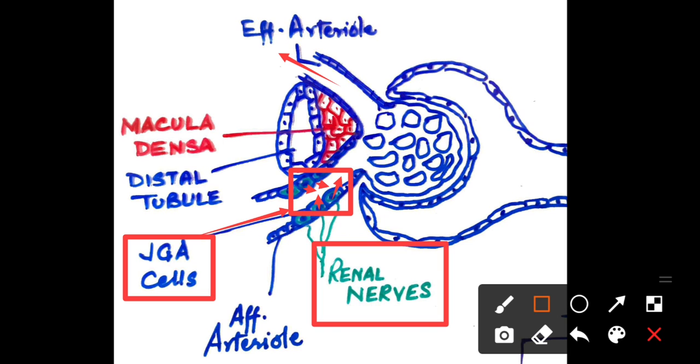So that's how this system, called the JGA system, is a self-regulating mechanism, and it regulates the sodium levels in the body and also the pressure, or the vessel pressure, inside the nephrons. So that was all about how this system works.